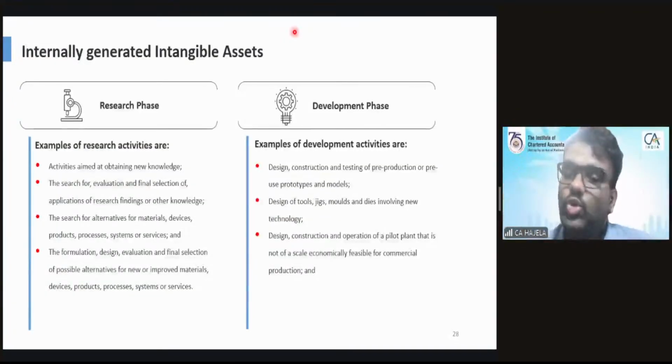Now, अगर हम अपने फ्लो चार्ट पे वापस चलें तो उसमें क्या था? There were certain conditions mentioned that certain recognition criteria needs to be fulfilled. What are those recognition criteria? Let's figure out.